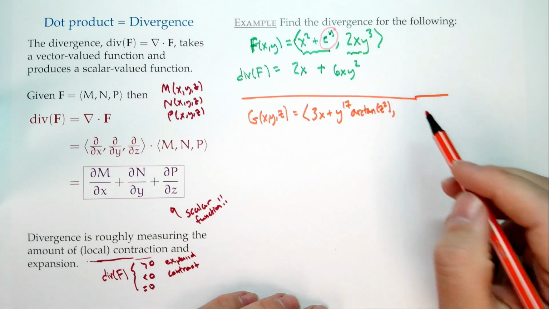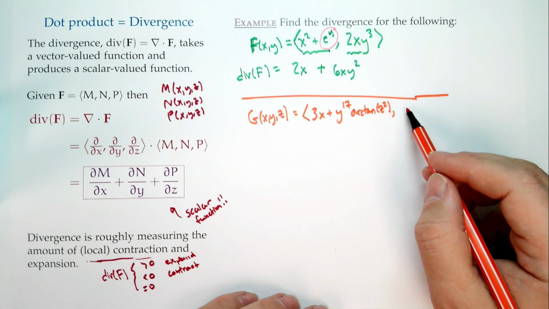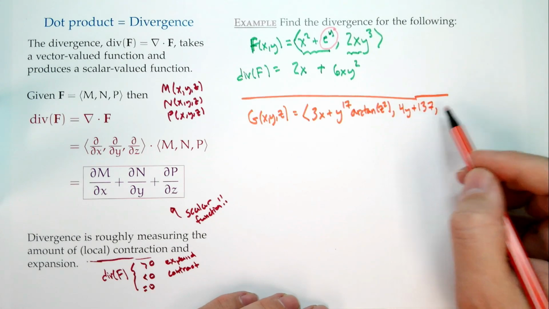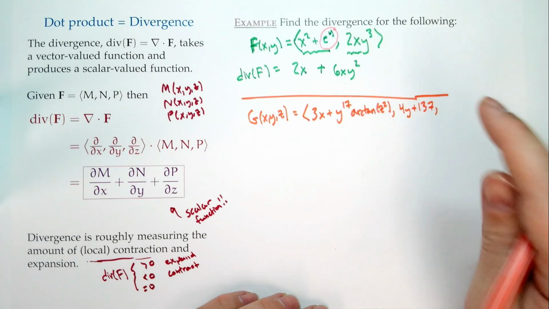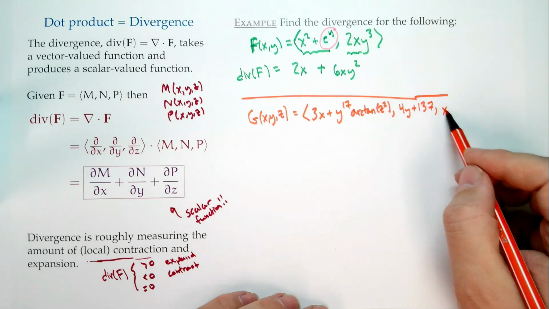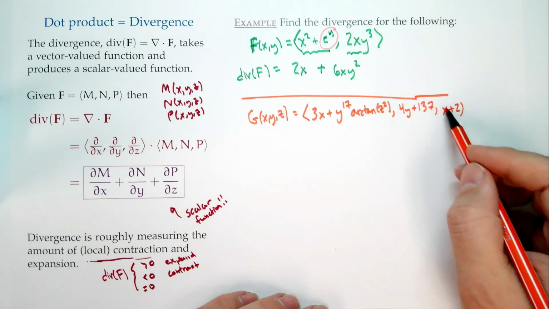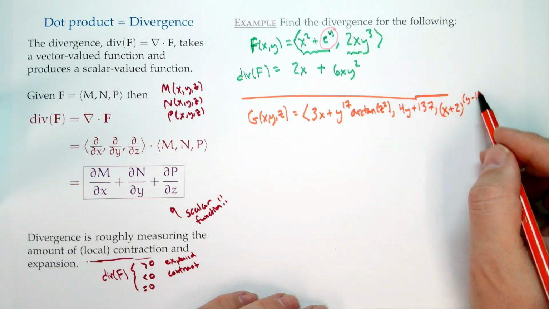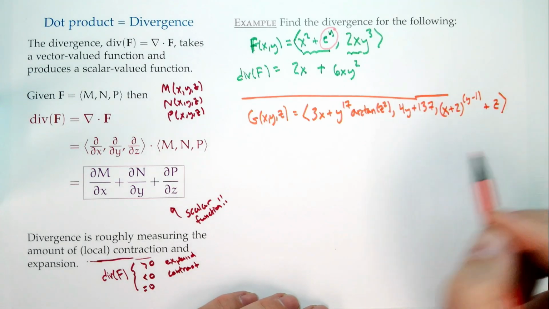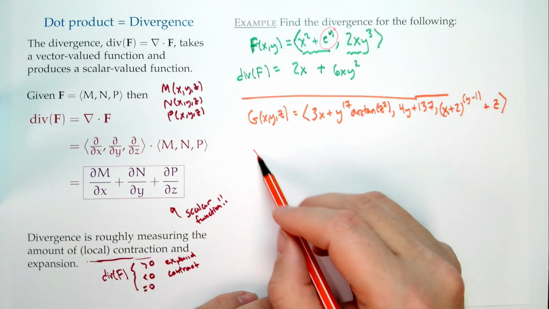And then go to the second entry. That's the derivative with respect to y. So I can put in a 4y plus 137. Go to the last entry. We take the derivative with respect to z. And so we can put in something crazy like x plus 2 to the y minus 1 plus z. And then we say, okay, what's the divergence of G?